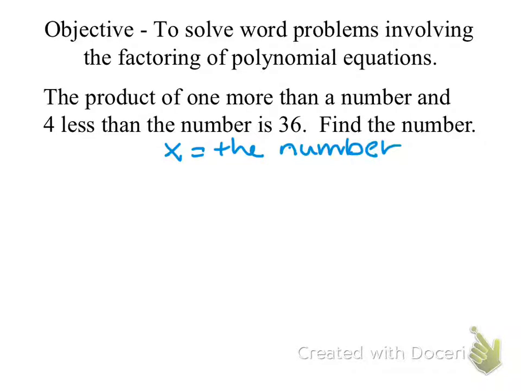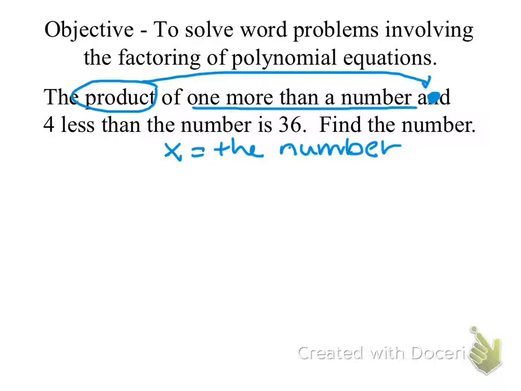Now, when I'm reading, I see the product. I circle it and I send it over to the and. What does a product mean? What operation? That's going to be a multiplication. I've got something before it. I have something after it.